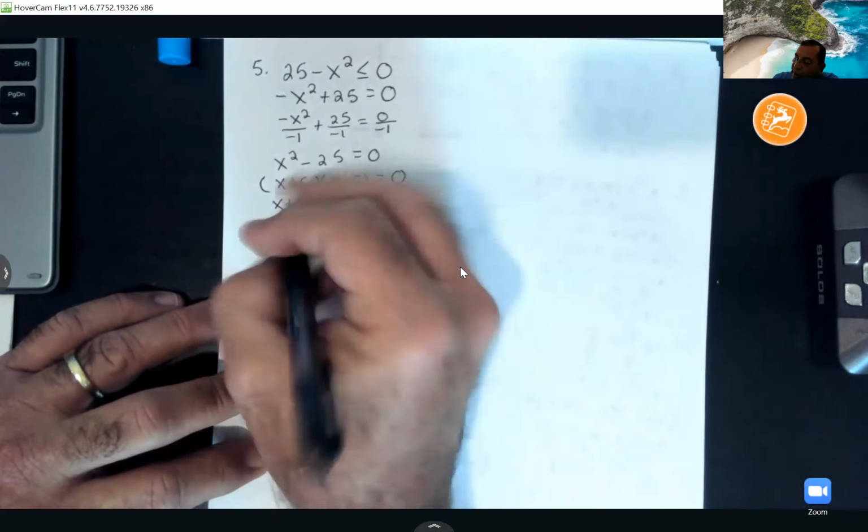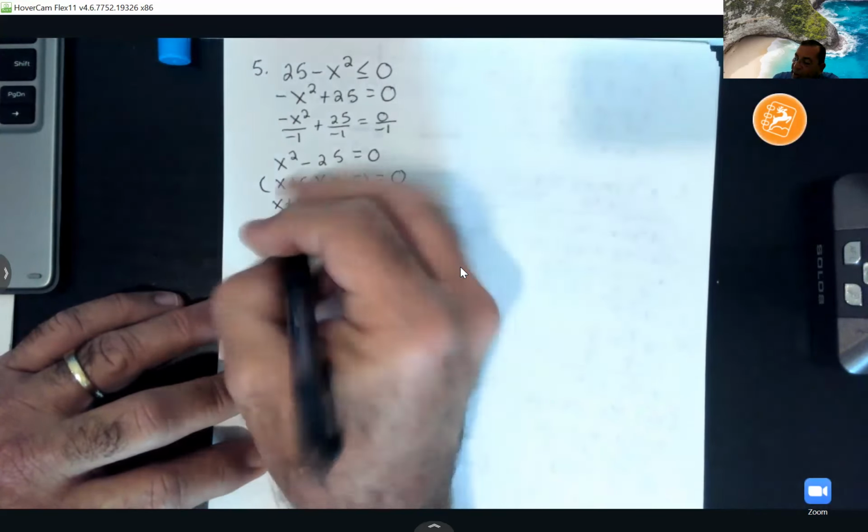We'll make that equal to 0. Now remember, I don't like that negative, so I'm going to divide everybody by -1. Okay, so always try to get your leading term to be positive. So that's what's going to happen here.